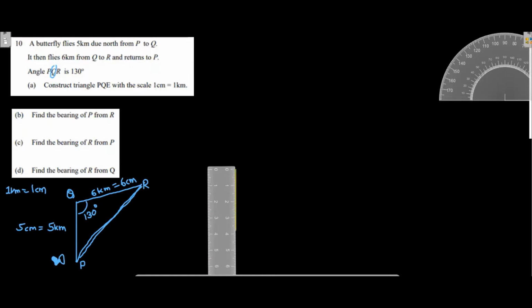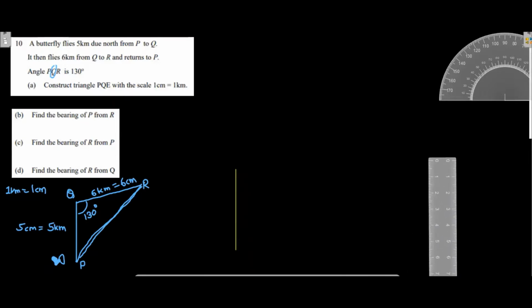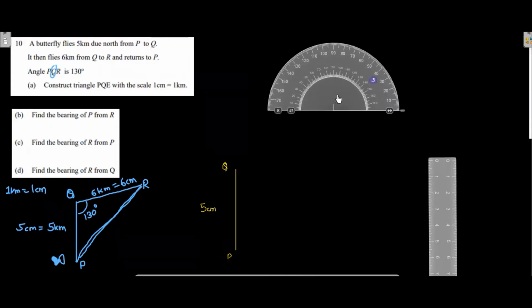Once I draw it, I will label it. This is point P and this is point Q. This length is 5 centimeters, which equals 5 kilometers according to the scale. Then you know that angle Q is 130 degrees, so you can use the protractor to mark 130 degrees.